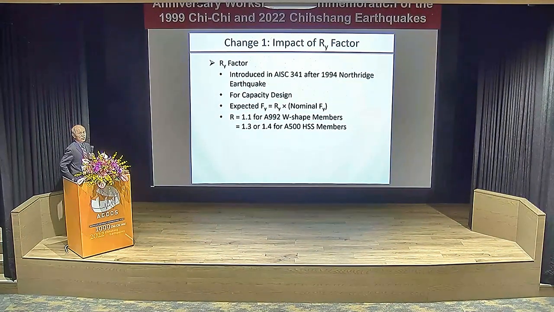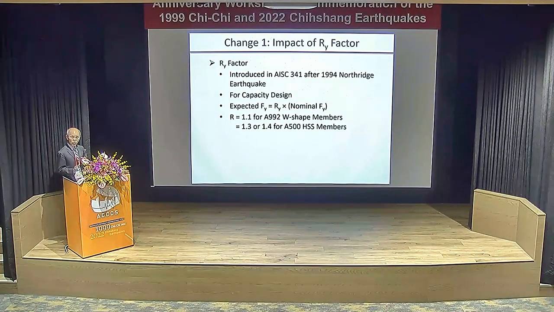Or to some extent, it is related to the Ry factor. What is the Ry factor? As we know in the seismic design code, it was first introduced in AISC 341 after the 1994 Northridge earthquake.